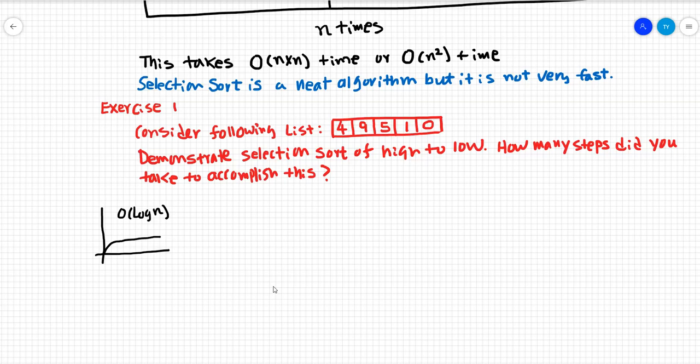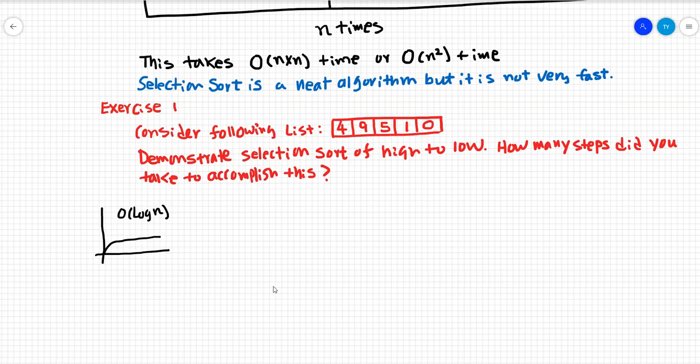So we know that O log n, as I mentioned, is the number of inputs. As the number of inputs increases, and this is the number of steps, or the time, it kind of flattens out as it goes to infinity.